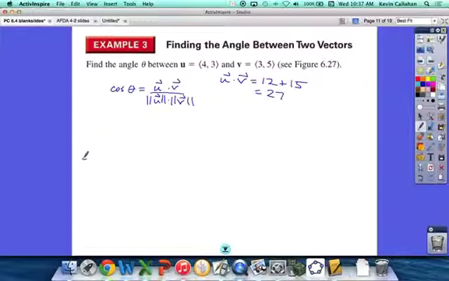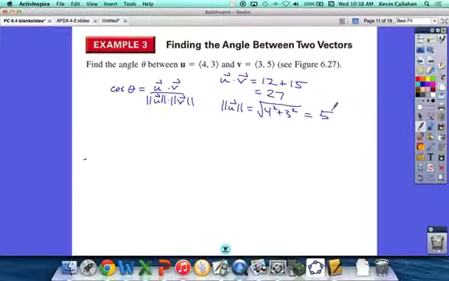Right, the magnitude of u equals the square root of 4 squared plus 3 squared, which is 5.